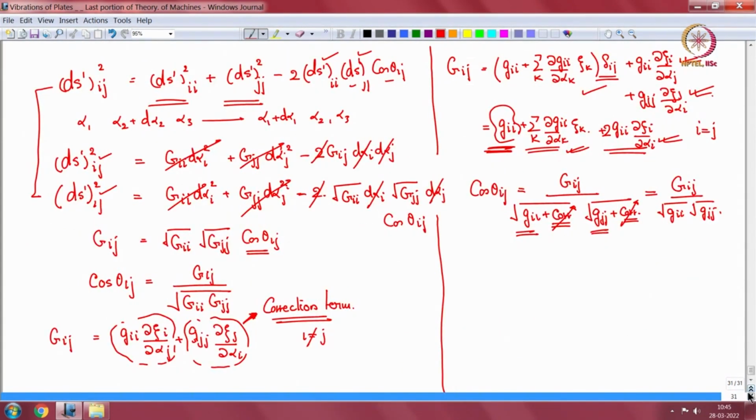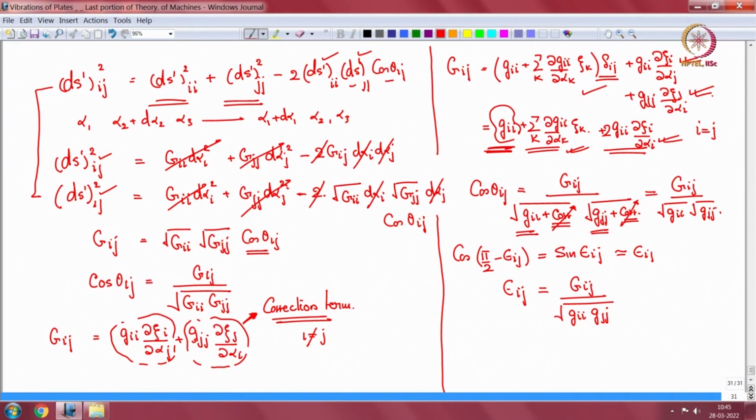So, cos of theta ij is cos of pi by 2 minus epsilon ij, which is equal to sine epsilon ij, and for small values of epsilon ij, sine epsilon ij is epsilon ij. So, my epsilon ij, the shear strain, is equal to Gij by root of Gii Gjj.